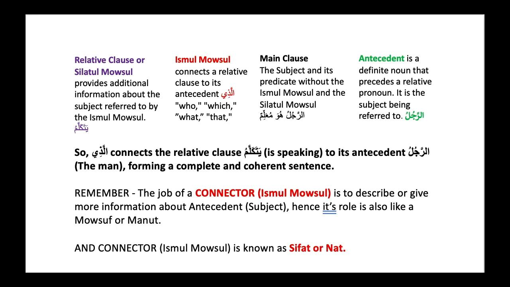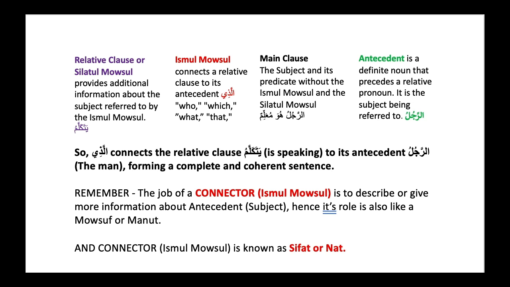Let us quickly remind ourselves about these terms. Antecedent is a definite noun which must always precede. Antecedent is a definite noun that precedes a relative pronoun or Ismul Mowsul. It is the subject being referred to. In the above example, it is ar-rajulu playing the role of an antecedent or subject.